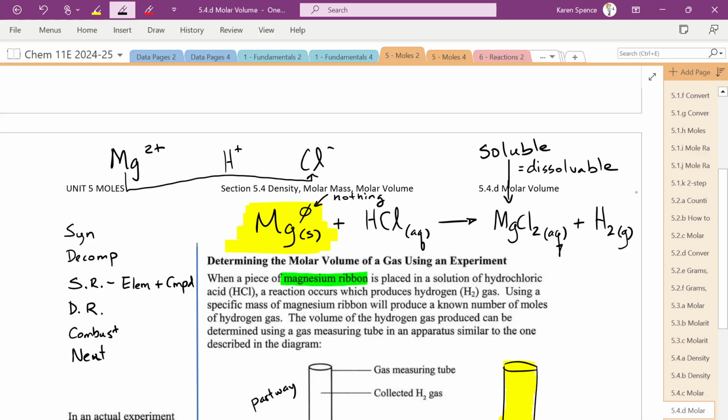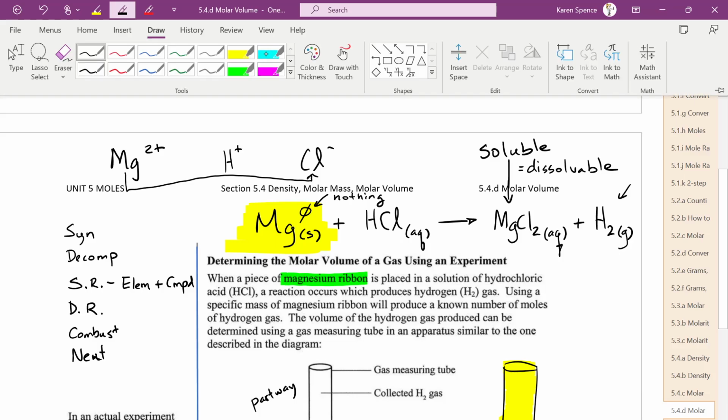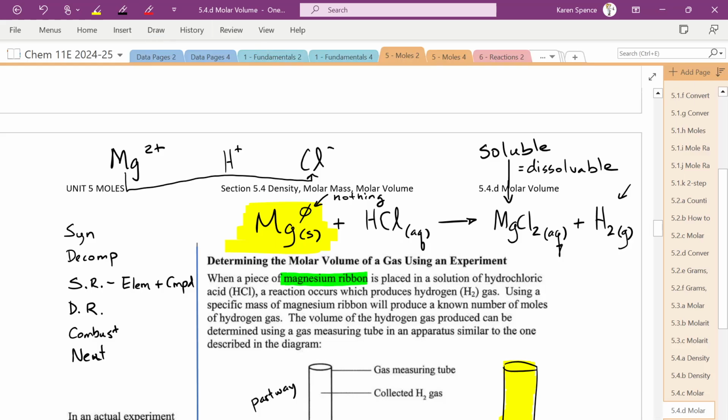What is the charge of hydrogen here? The blue one. What is the charge of hydrogen there by itself?